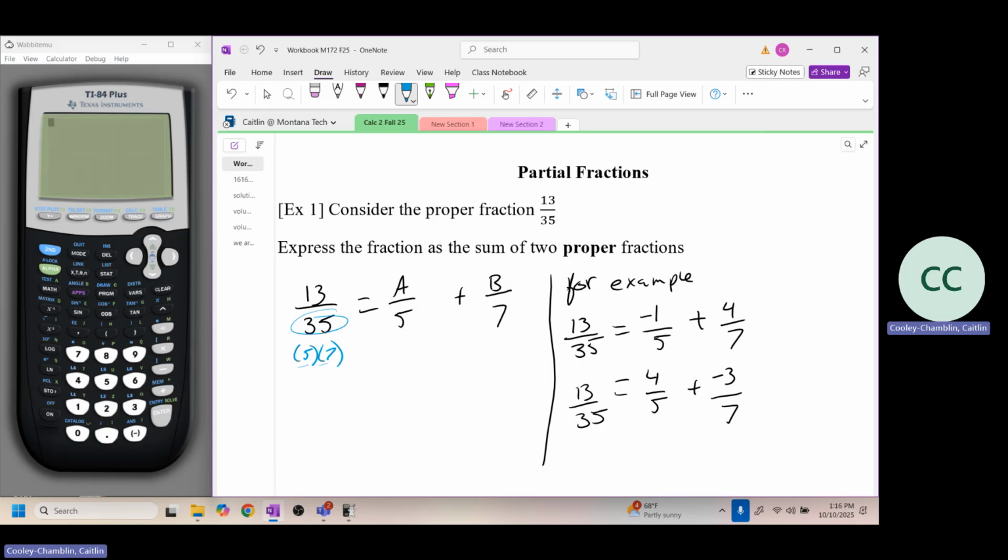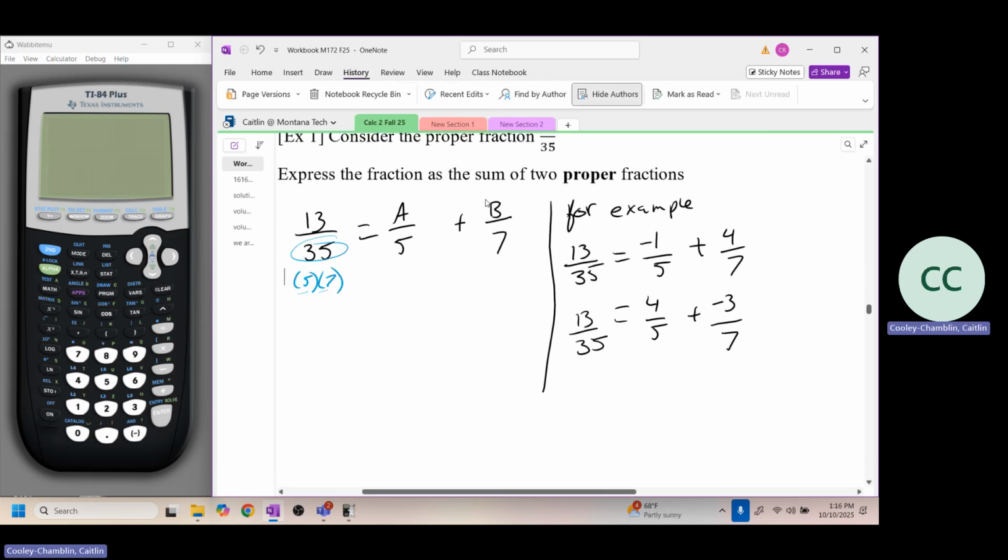Now, I'm going to show you how I solve this. Just note, I'm going to make this more complicated because that's what we are going to use today. So we have 13 over 5 times 7, and this is equal to A over 5 plus B over 7.